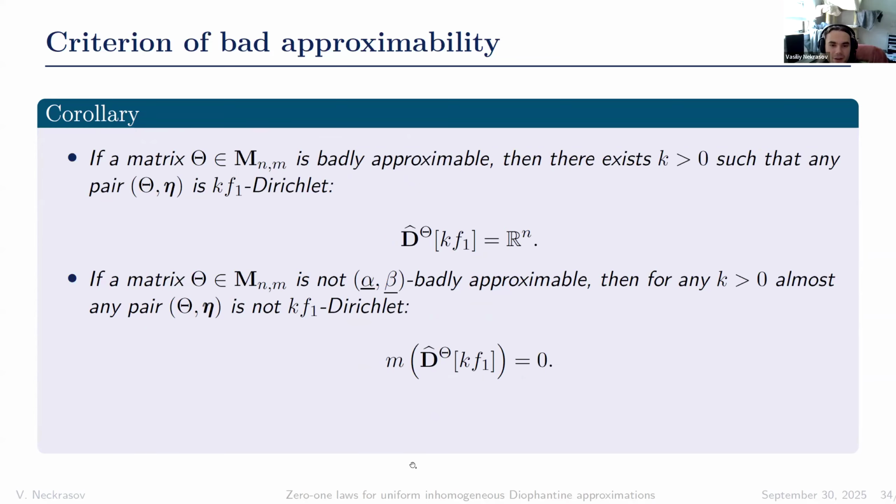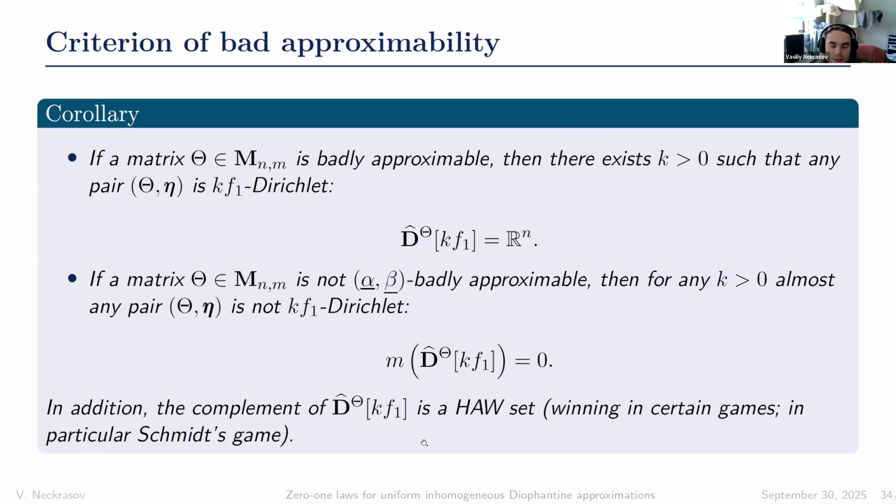Here is actually a cleaner formulation that shows this criterion. And in the non-weighted case, we can say even more. We can also say that the complement of this set of measure 0 does not just have full measure, but it's also a hyperplane absolute winning set, which follows from our hyperplane absolute winning theorem that I formulated.